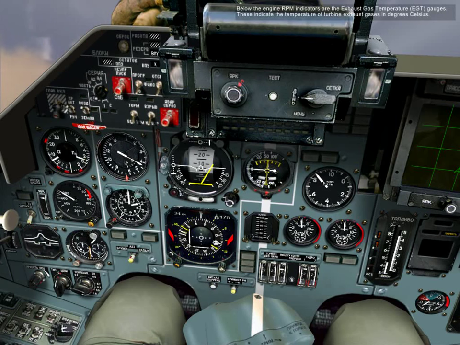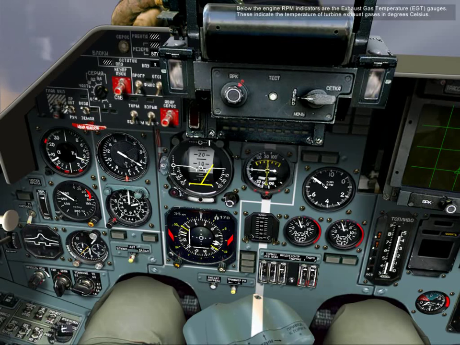Below the engine RPM indicators are the exhaust gas temperature, EGT, gauges. These indicate the temperature of turbine exhaust gases in degrees Celsius. To the right of the EGT gauges is the fuel meter. This indicates fuel remaining. Finally, to the right of the fuel gauge is the ECRAN self-test system.